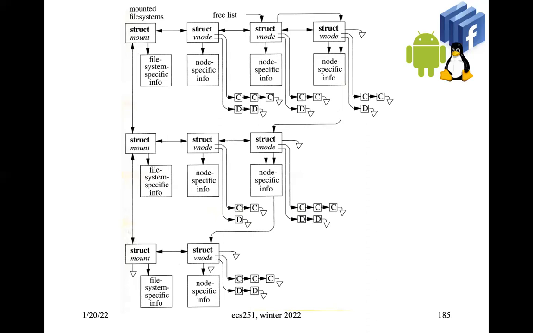So let's look at the most important data structure about the mount, which is the vnode. Essentially, every file you open, every virtual memory you open, under this particular file system, will be stored over here.